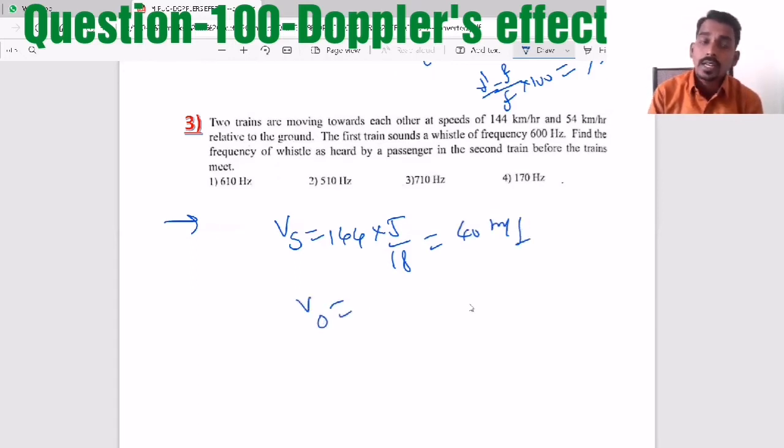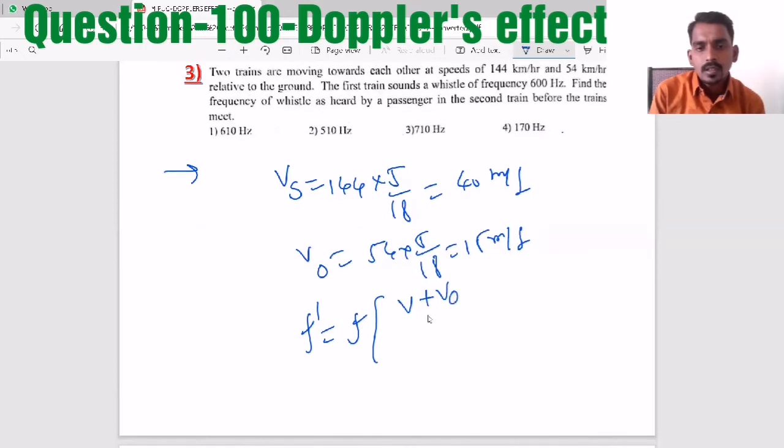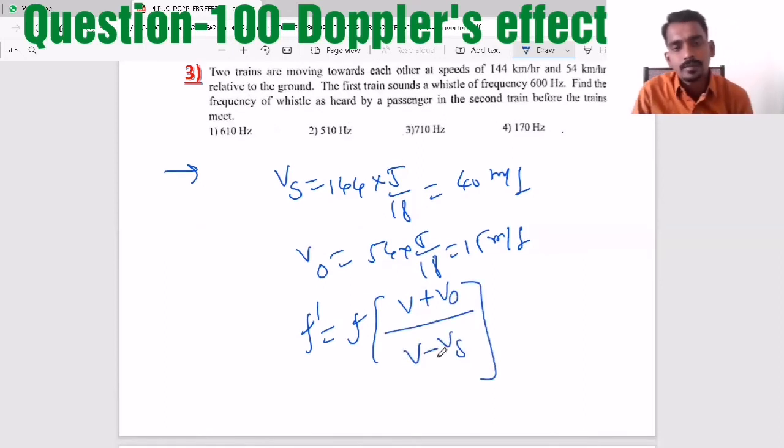And the velocity of the observer: the observer is inside the second train, so that is 54 into 5 by 18, so 15 meters per second. Now both are approaching each other. So the apparent frequency has V plus V naught, as the observer is approaching, and V minus Vs, as the source is approaching.